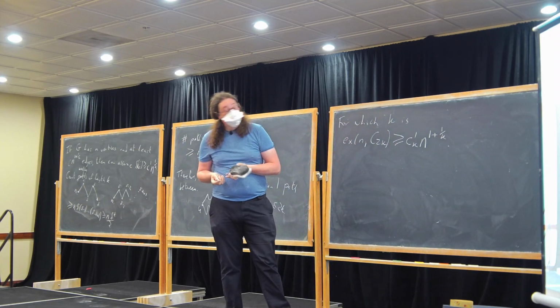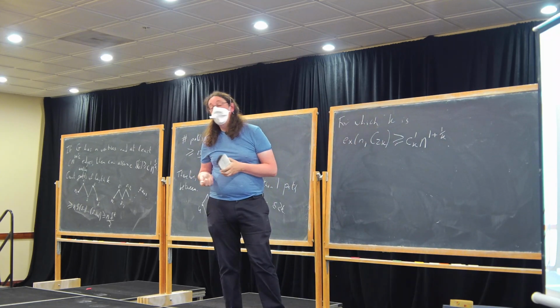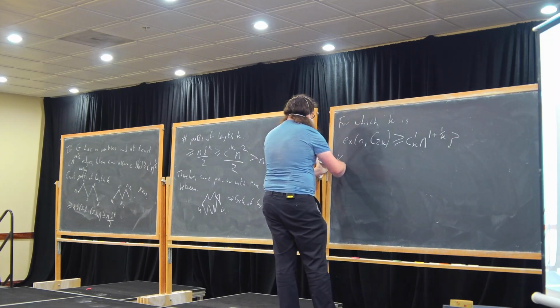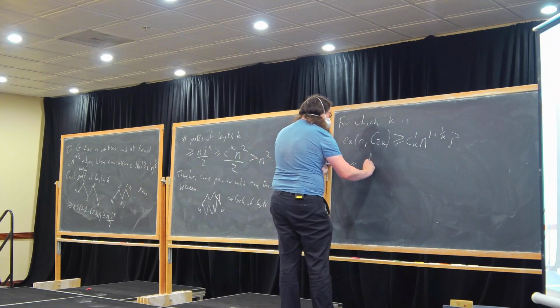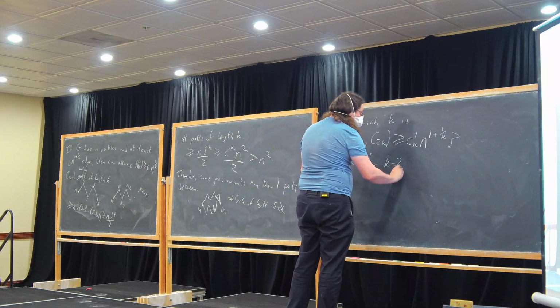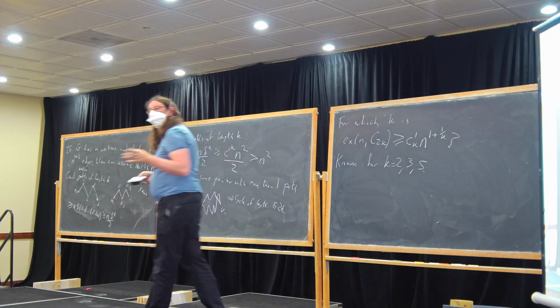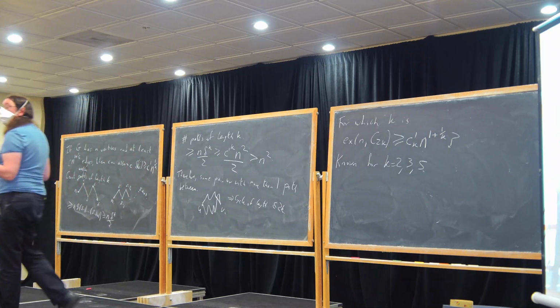It's a good question. We really don't know. So it's known for k equals 2, k equals 3, and k equals 5. So there's a slightly strange thing where it jumps over k equals 4.